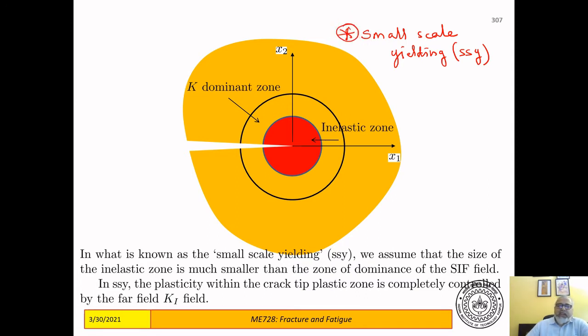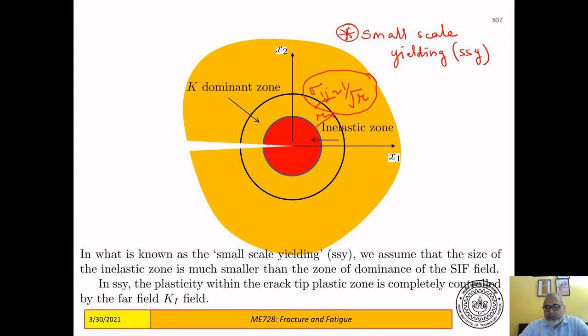What does it mean? It means that, well, you have a K dominant zone. K dominant zone is the zone in which the 1 by square root R field for stresses, the fact that sigma ij varies as 1 by square root R, where R is the radius of this K dominant zone, this assumption is valid. So K dominant zone is the zone where a single parameter representation of the crack tip elastic stress field is possible.